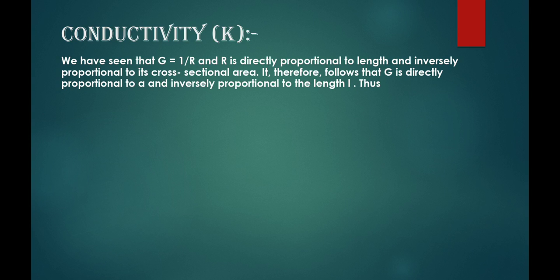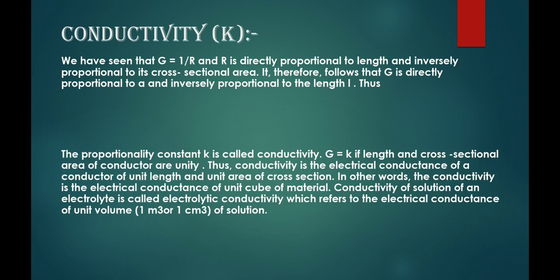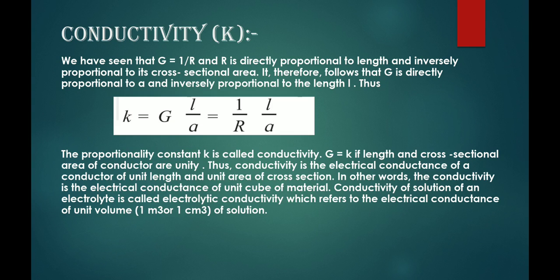That means G is directly proportional to cross-sectional area A and inversely proportional to length L. Thus, we can write K is equal to G into L by A. Otherwise, instead of G, we can write 1 by R. So K is equal to 1 by R into L by A. The proportionality constant K is called conductivity.